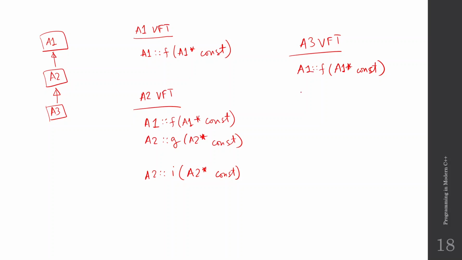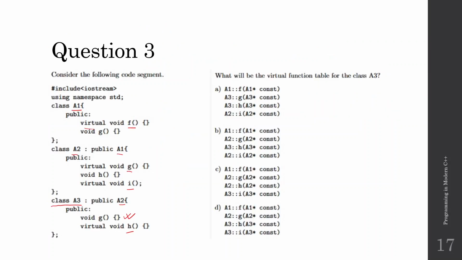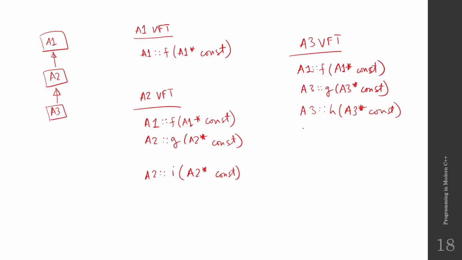Next, g is being overridden, so this will be replaced with A3's g. And h has also been declared as a virtual function. And i we are not overriding, so i will remain A2's.